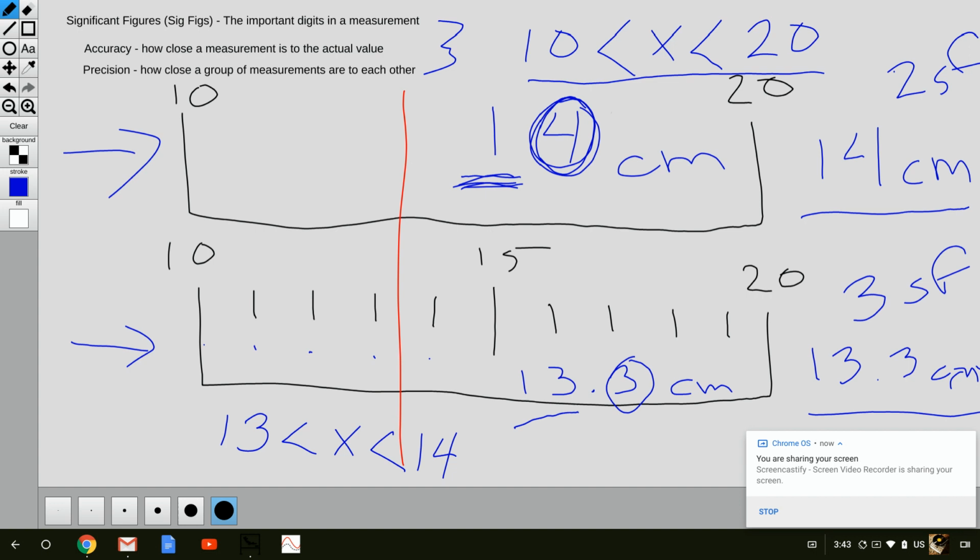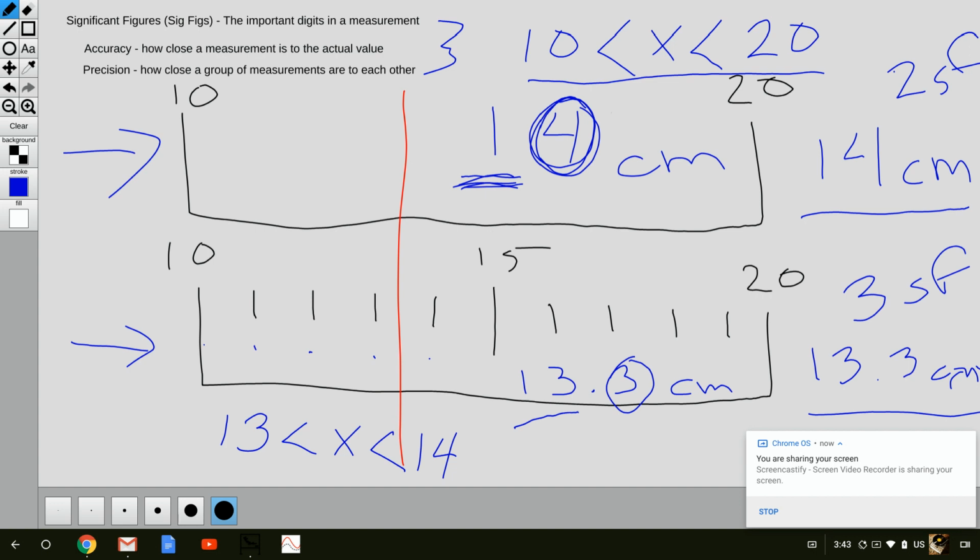While that's okay, it's not great. Whereas if I look at the bottom ruler, I'm always going to get somewhere between 13 and 14. I'm never going to get less than 13 or more than 14. My range of error here will be somewhere between 13.3, 13.4, maybe 13.2.